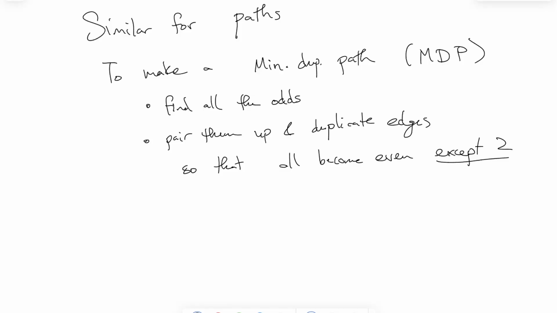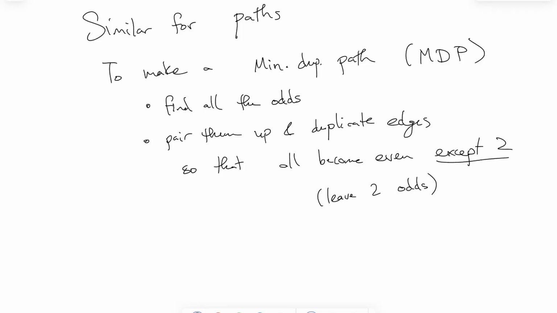This is the only difference if you're trying to do a minimum duplication path. You again do the duplicated edges, which I've been drawing in blue, so that all of them become even except 2. So you leave 2 odds, right? That's the only difference. Rather than trying to make them all even, you just keep 2 of the odds. Just keep them the way they are, all right?